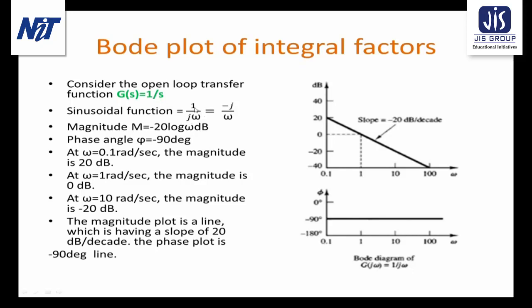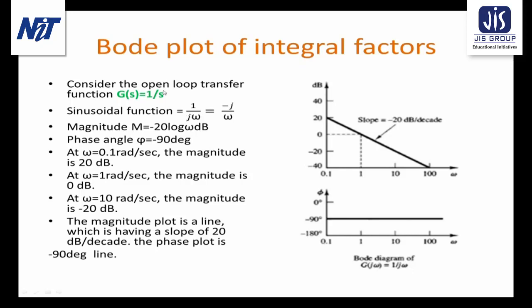So we can multiply both sides by j, that means minus j divided by omega. So in rectangular form, we can write this equation as 0 minus j by omega, and in the polar form, we can write 1 by omega into angle of minus 90 degrees.